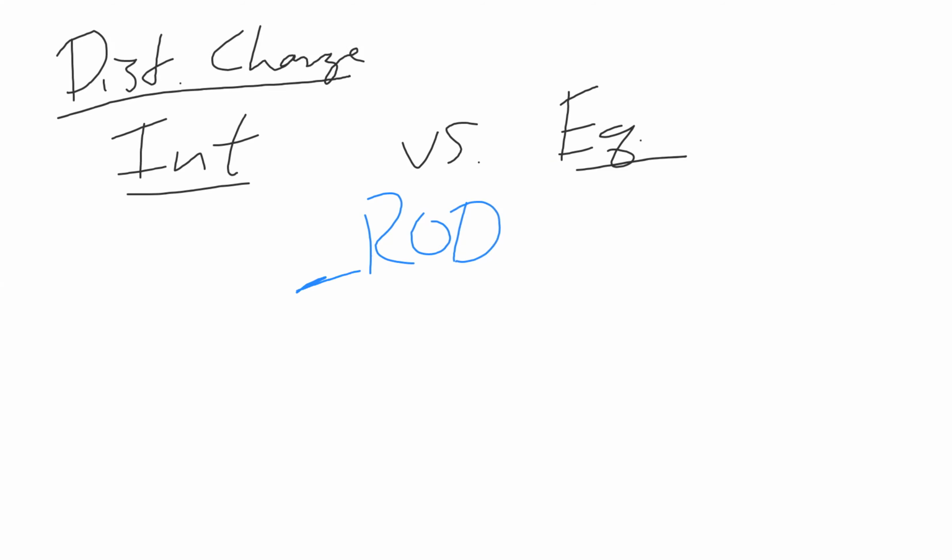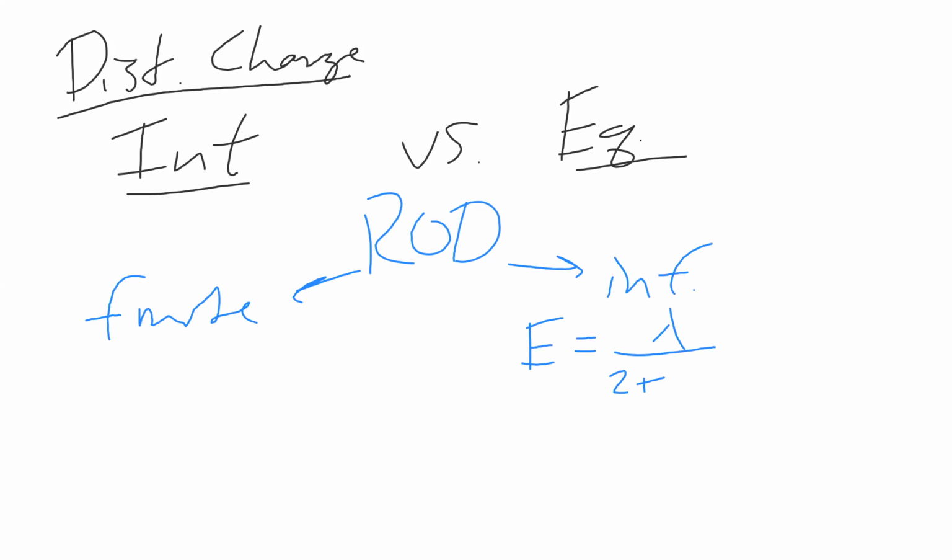If it is finite, we have to integrate. If it's infinite, then we just use the equation, which I'll go over again in a second: lambda over 2 pi epsilon naught r. That's if your rod is infinite.